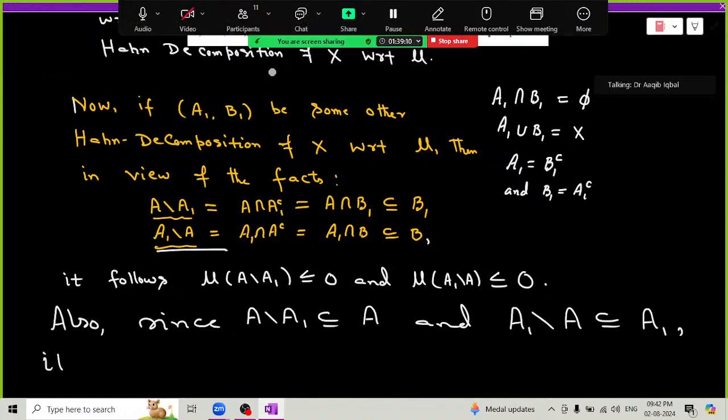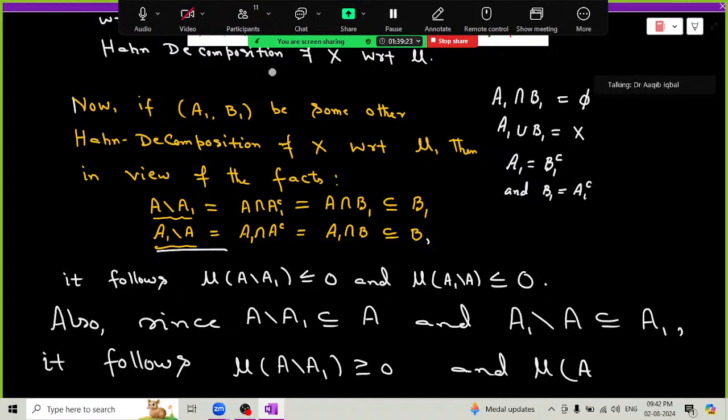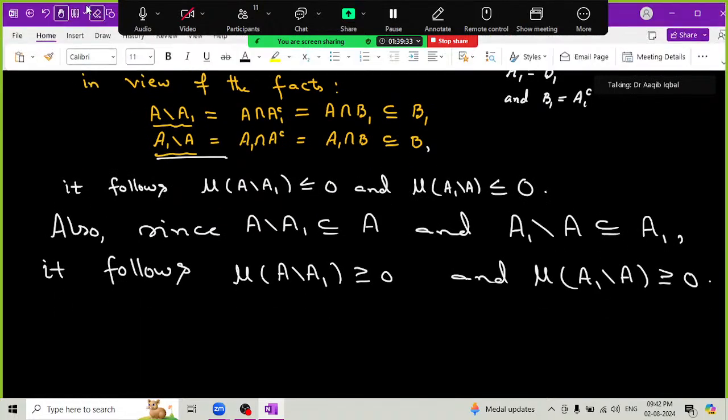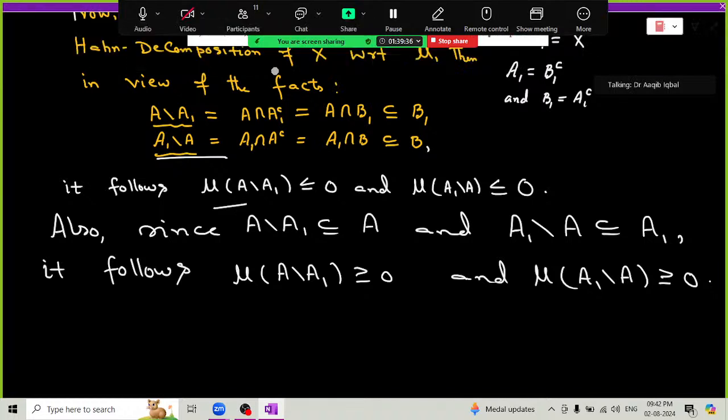It follows mu of A minus A1 is greater or equal to 0, and mu of A1 minus A is greater or equal to 0. ठीक, ऊपर आपने देखा it is less or equal to 0 और नीचे देख रहे हैं that it is greater or equal to 0, so कुल मिला के it's actually equal to 0.